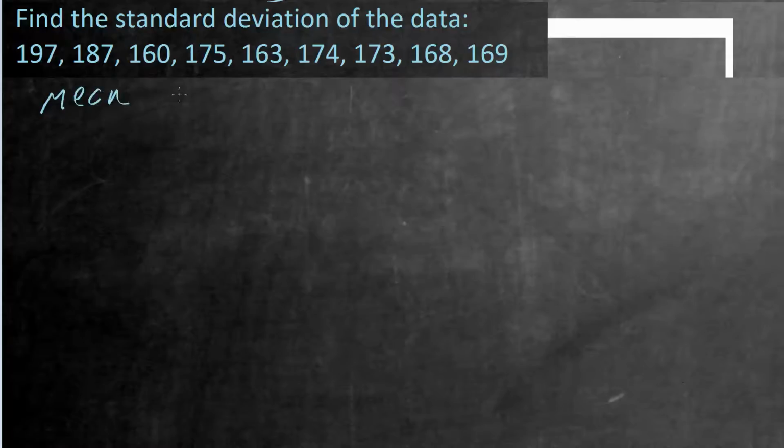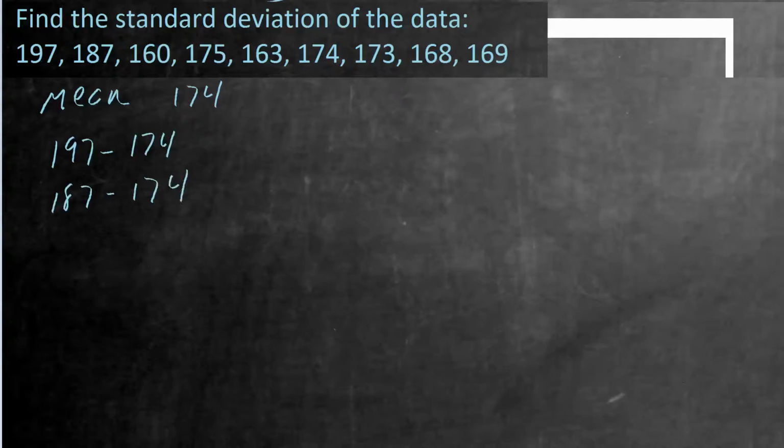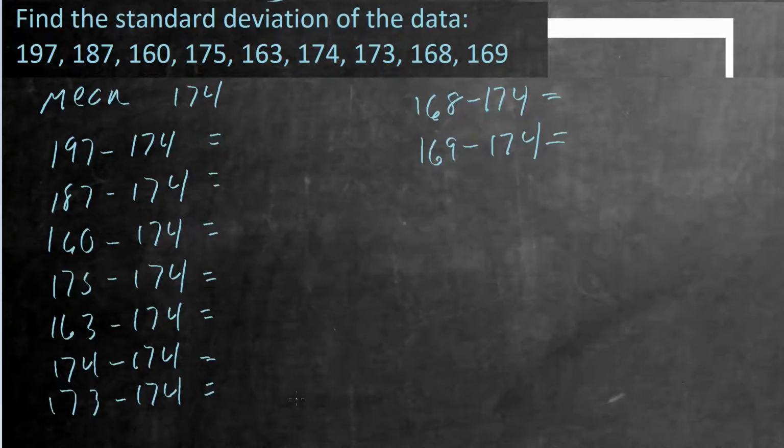The mean should be 174. Then I would like you to show very specifically in your notebook 197 minus 174, 187 minus 174. Show all the subtraction.